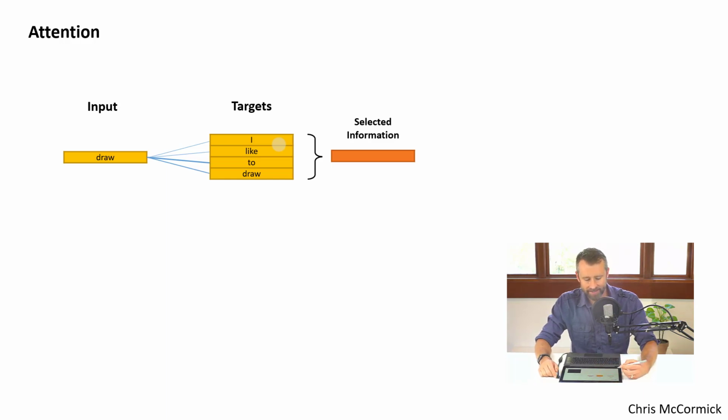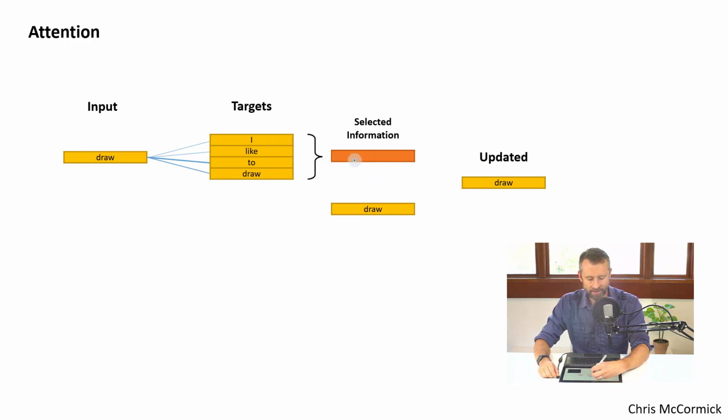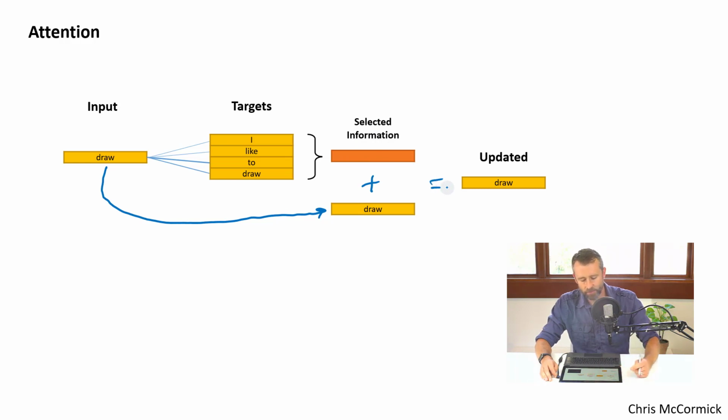And then in practice, we have what we call a residual connection, where the output of attention is actually just this kind of adjustment vector, where we take the original input and add the selected information to it.